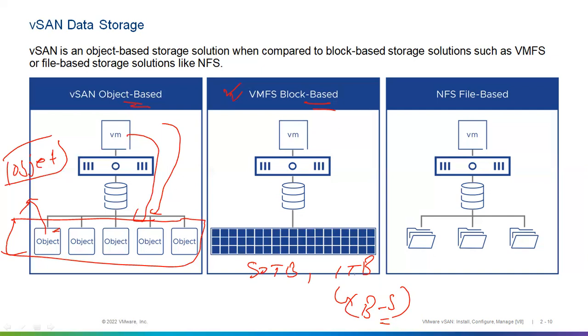For that, we have to enable a feature that we refer to as the iSCSI target. Once you enable this iSCSI target feature, it will carve out a chunk of storage as per my requirement. Let us suppose I require 1 TB of block storage. That 1 TB of block storage will be available. Then that block storage can be shared to my VMs.